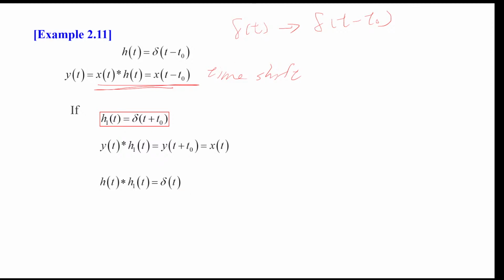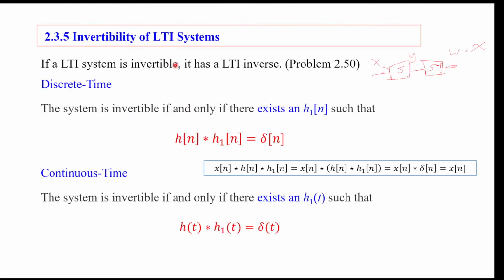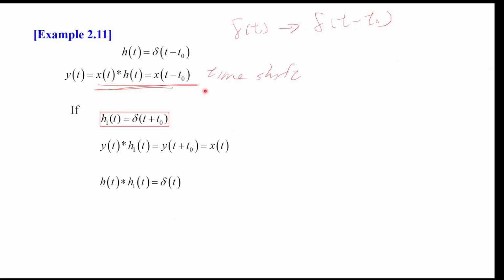So delta of t minus t0 convolved with delta of t plus t0 gives back delta of t, and this is exactly the relationship we require here. So those time shift systems are examples of invertible LTI systems.